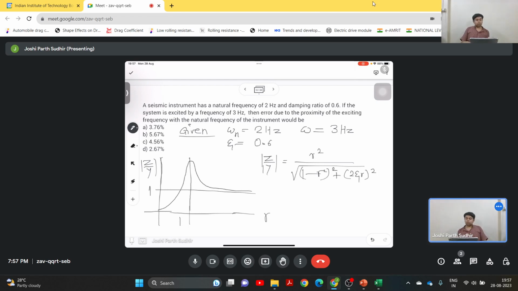So when we are operating at a certain frequency, this is the z by y ratio which is measured. It will be somewhat greater than 1 over here.